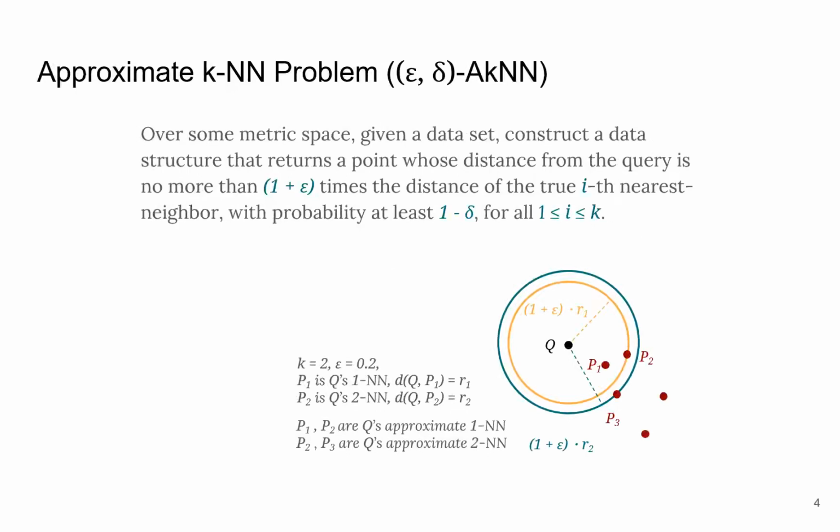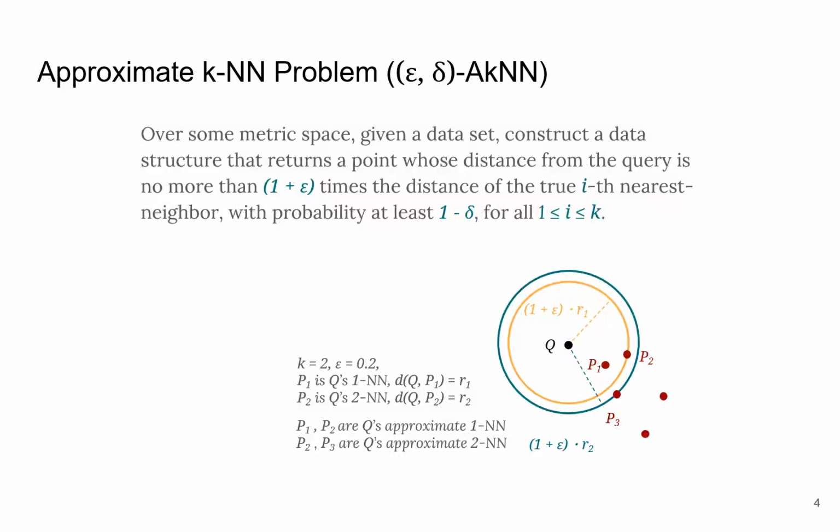So now it's time to define the approximate KNN problem, or epsilon-delta AKNN. It asks the following question: can we construct a data structure that returns a point whose distance from the query is no more than 1 plus epsilon times the distance of the ith nearest neighbor, with probability at least 1 minus delta? In this illustration, suppose k equals 2, P1 is Q's 1NN, and the distance between Q and P1 is R1.